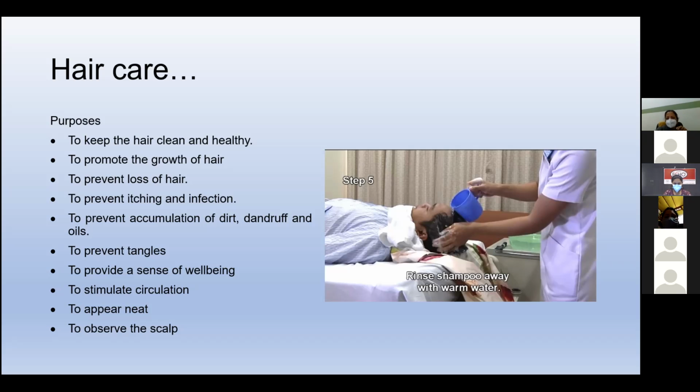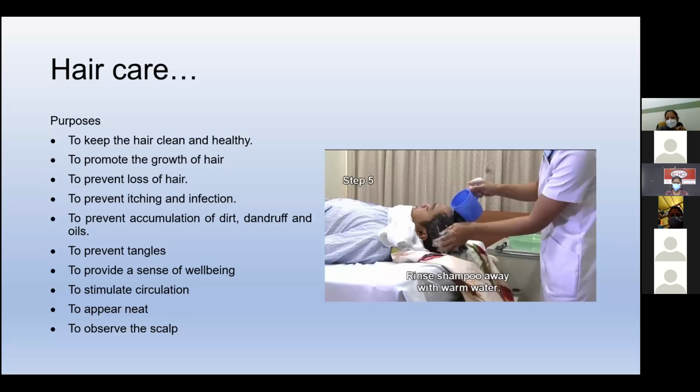Many times, of course, we need to take patients' concern also, because we always say that once the patient becomes bedridden, you cut off the hair. Of course, it is very easy for us to tell that, but for many, it will be very important, because hair gives beauty, right?